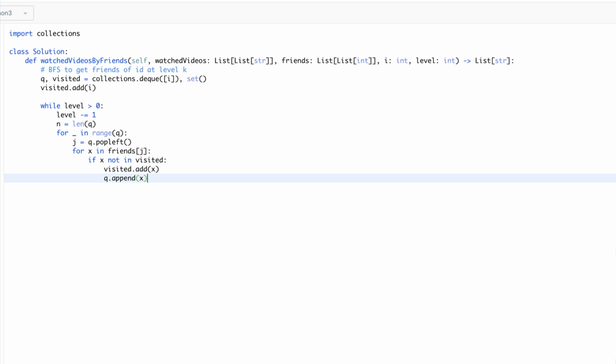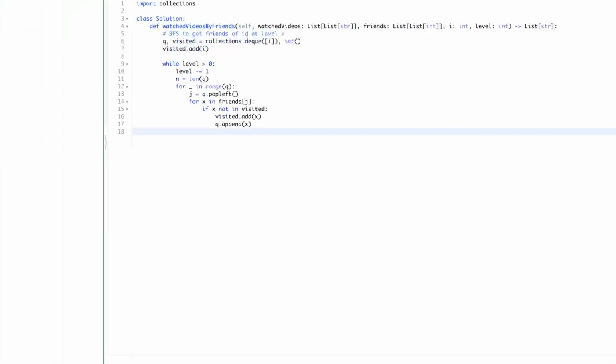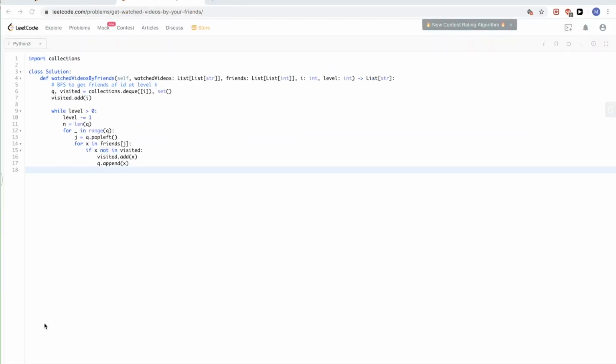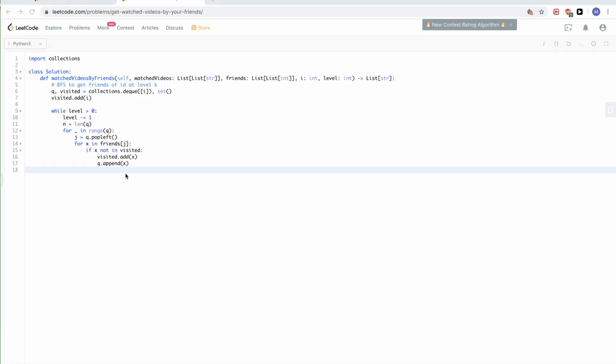And then now when we get to here, which means that level is equal to 0, at that point we are at the level K. So Q here at this point contains basically friends at level K, because we reached level 0 starting from K, right?